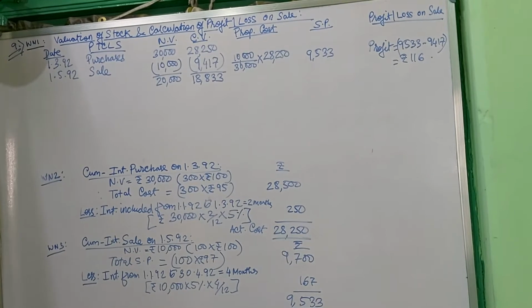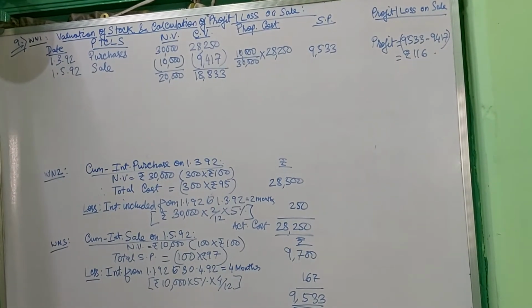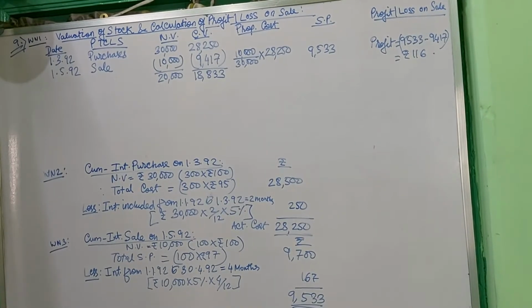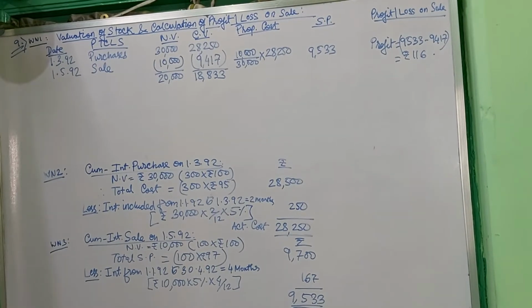So working note 2 clearly suggests that we have to calculate the cum interest purchase on 1/3/1992. The nominal value has been provided, 30,000.